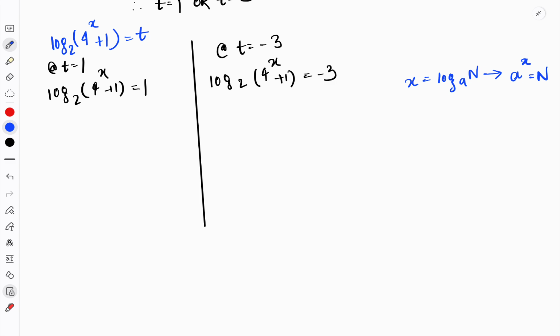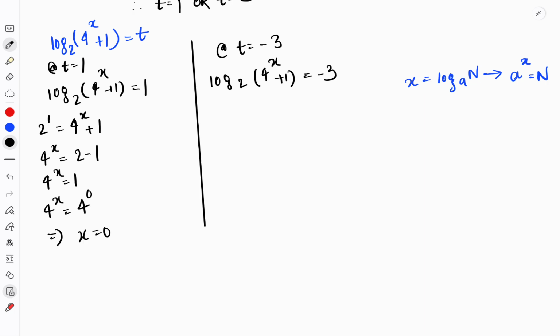Alright, which translates to 2 power 1 is equal to 4 power x plus 1. 4 power x is equal to 2 minus 1. 4 power x is equal to 1. Now this 1 can be represented as 4 power 0, which implies that x is equal to 0.